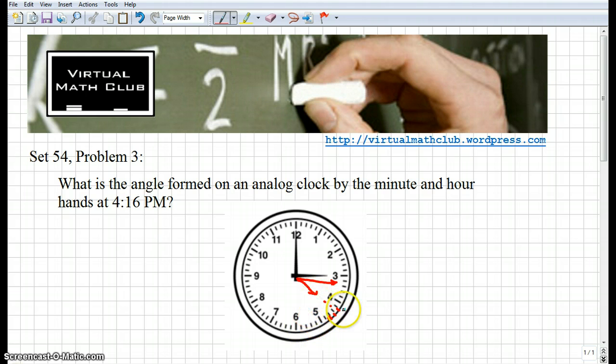Okay, so that's just an estimate, but at least it gives us a little bit of an idea of what kind of answer we are expecting. That will help us, because there are 360 degrees in the circle, and there are 12 hours around this circular clock.